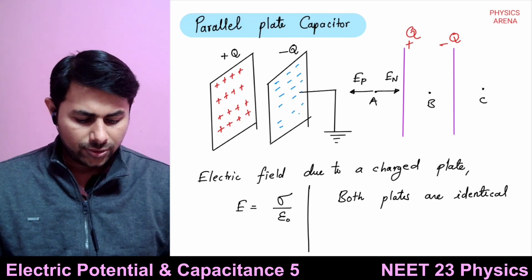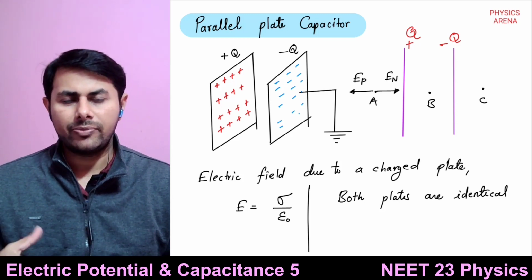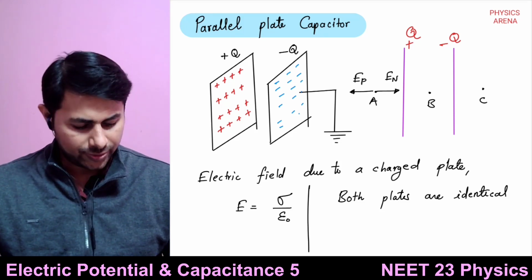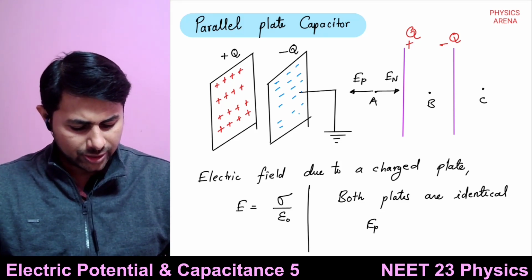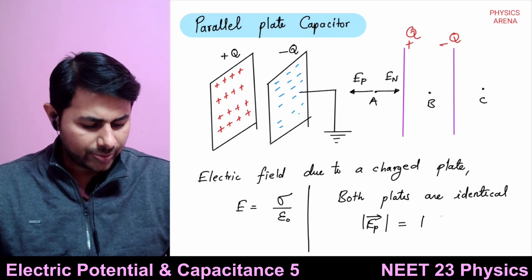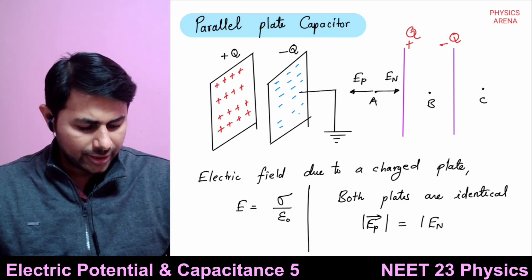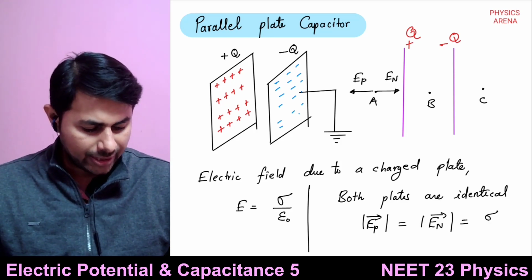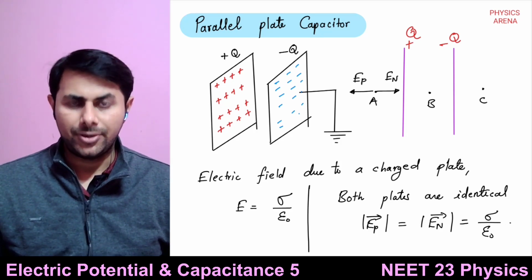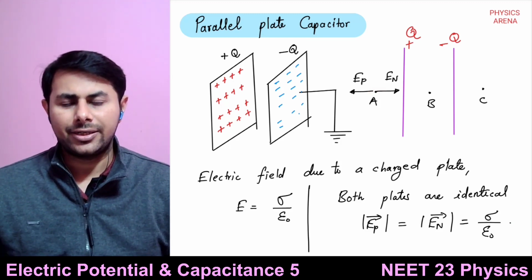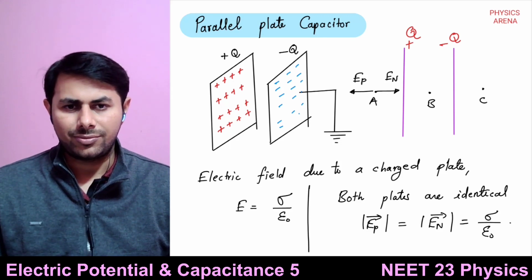Since the electric fields due to both have equal magnitude, because the surface charge density is equal, the magnitude of EP and the magnitude of EN are equal, which is sigma divided by epsilon naught. So what will happen at this point? The net electric field will be equal to 0.